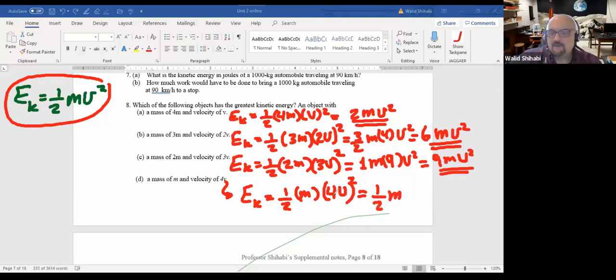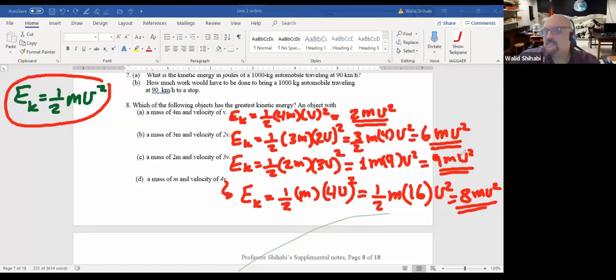Now the 4v, 4 squared will give you 16, and v squared will give you v squared. You can see here 16 divided by 2 will give you what? 16 divided by 2 will give you 8, right? So this will give you 8mv squared. So now if you compare the formula of C to the formula of D, which one is bigger?